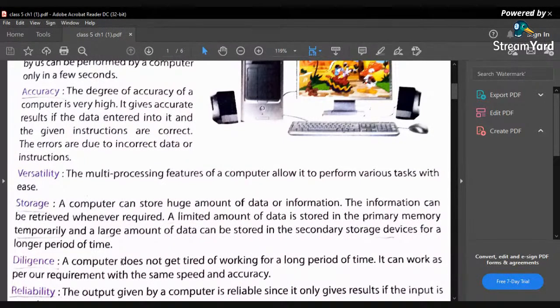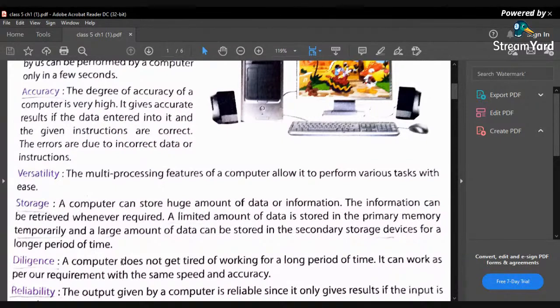So a large amount of data can be stored in the secondary memory. The devices which are used to store data or instructions are called storage devices.